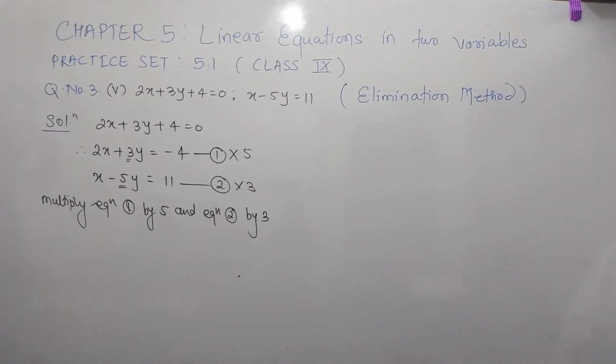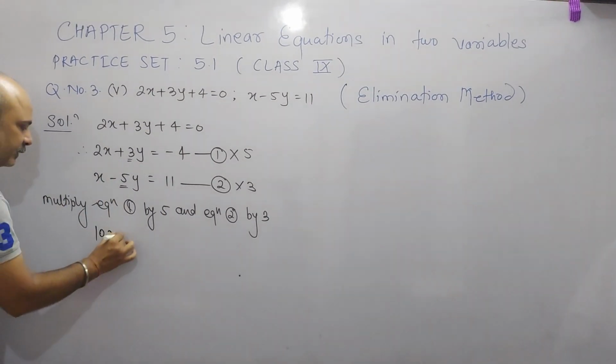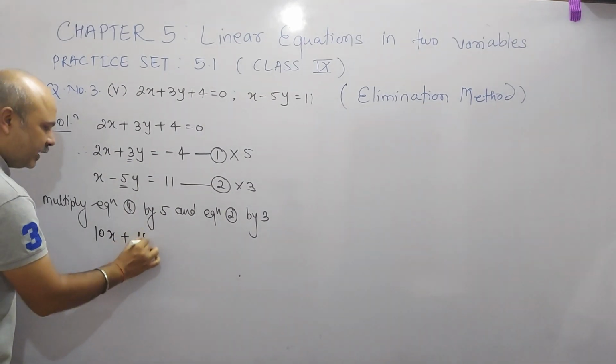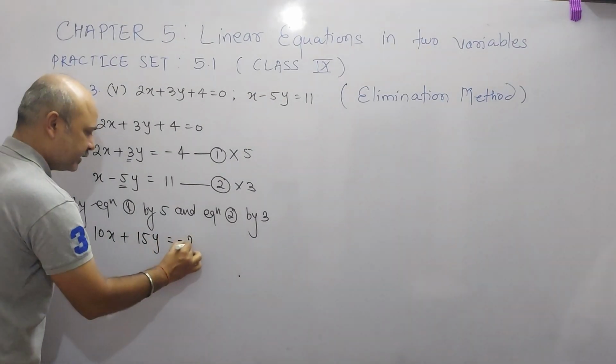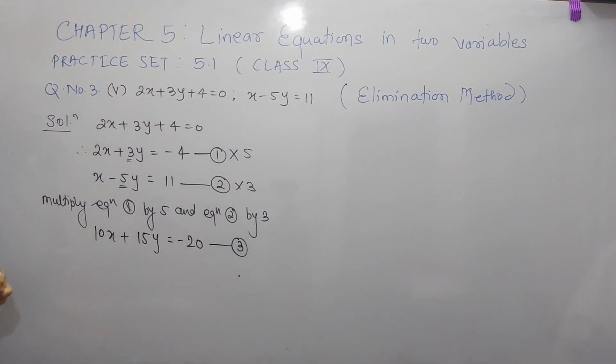So multiplying equation 1 by 5, you get 10x plus 15y is equal to minus 20. This will be equation number 3.